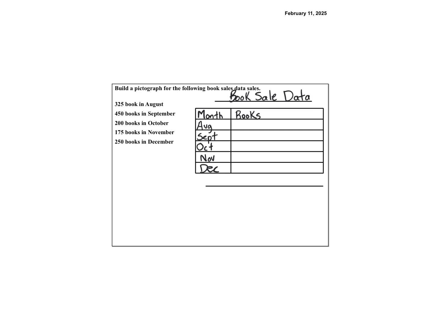I've already got the books and the months listed in here, but I need a symbol. So if I was to go with a rectangle, such as this, okay, I could say that is 50 books.